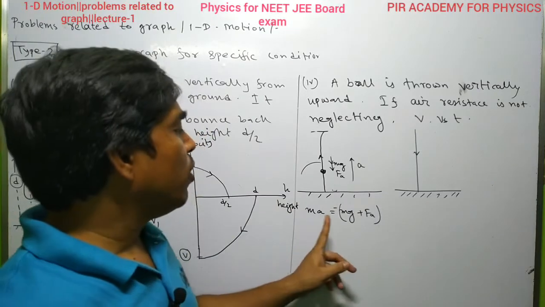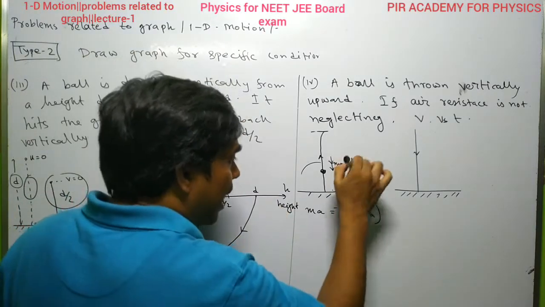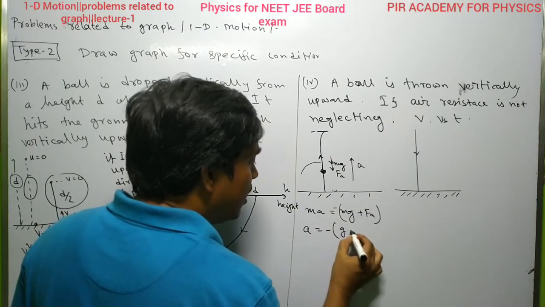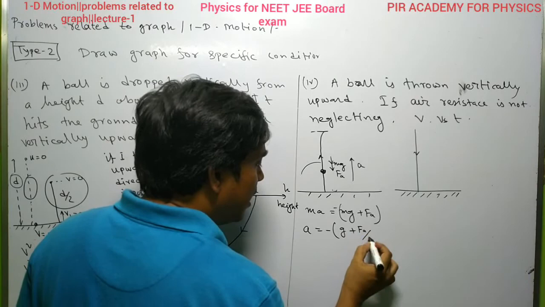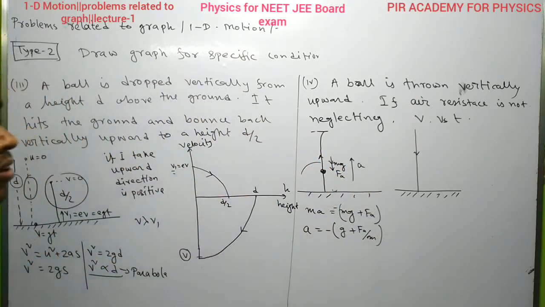So ma equals mg plus fa. That means in this condition the acceleration will be minus g plus fa by m. Here fa is the air resistance.